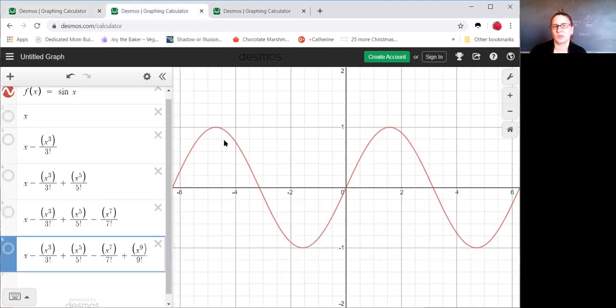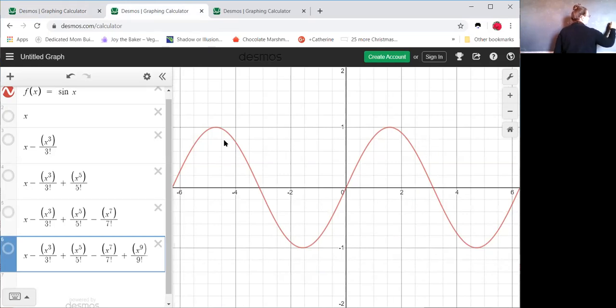sine of x. If we look at the Taylor series approximation, well, this is actually the Maclaurin series, because it's the Taylor series around x equals 0.